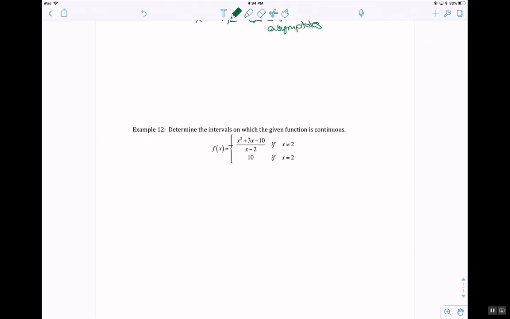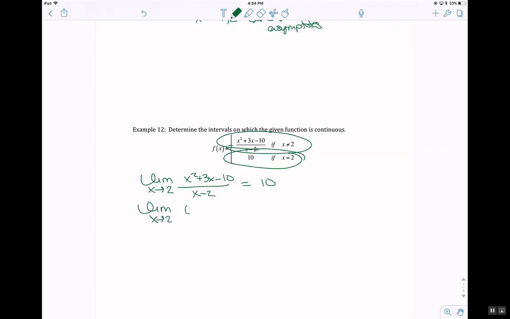Determine the intervals on which the graph is continuous, which means that this has to be equal to this. So that means that the limit as x approaches 2 of x squared plus 3x minus 10 over x minus 2 has to be equal to 10. So we can factor this. Limit as x approaches 2, x minus 2 times x plus 5 over x minus 2 is equal to 10.